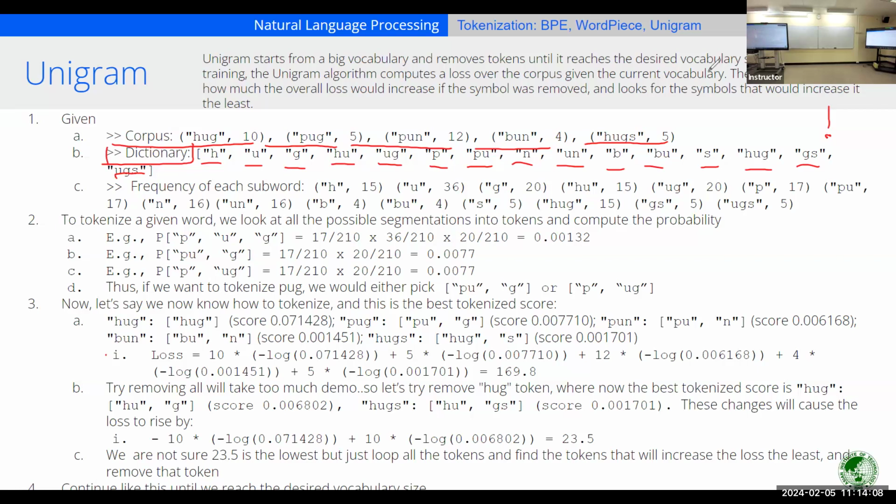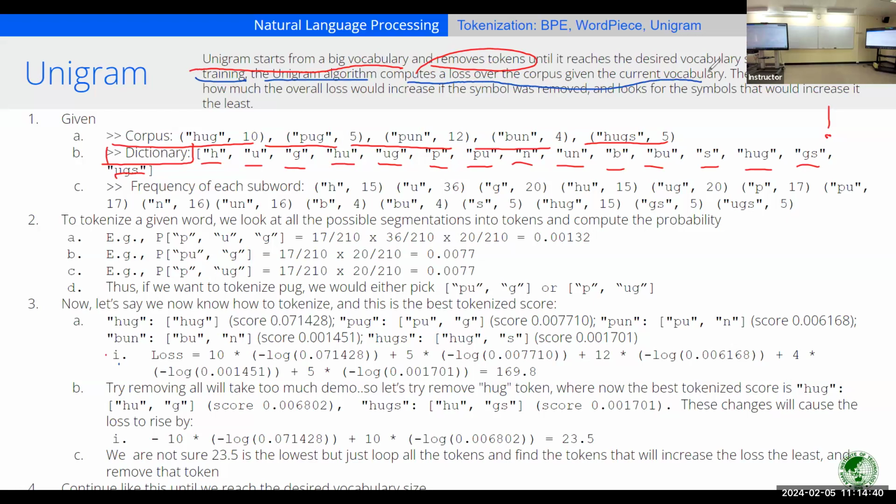So what is the idea? Unigram starts with a big vocabulary and then removes tokens. So instead of adding, we remove, right? At each step of the training, it computes a loss over the corpus given the current vocabulary.